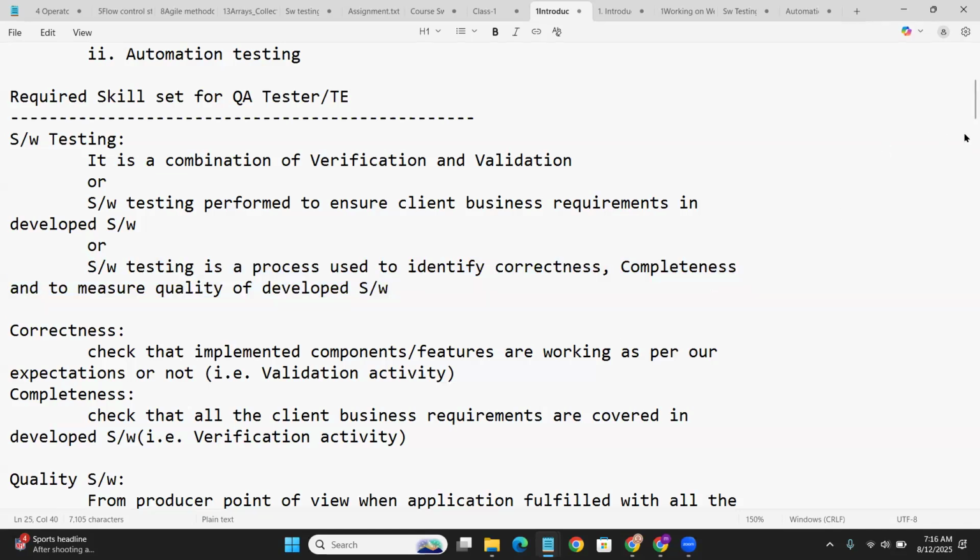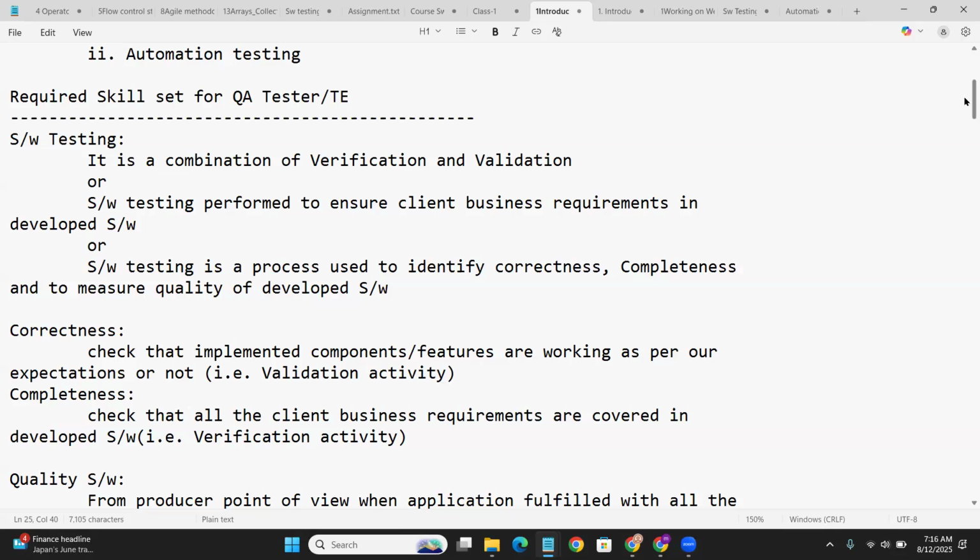Then how do you define quality software? There are no specific metrics or measurements to define quality software. Generally, we can define the quality of the software from two persons' perspectives: the producer and the end user.